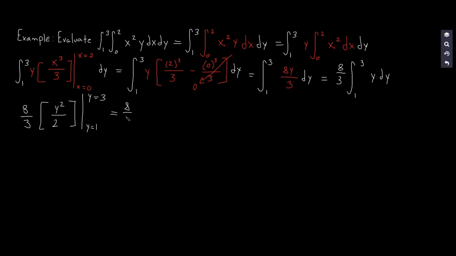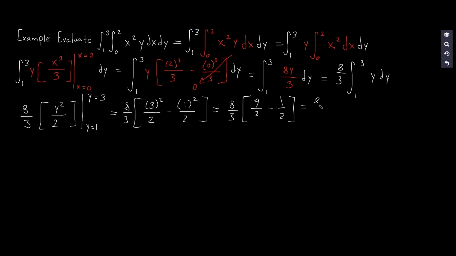I'm going to do 8 over 3 times 3 raised to the second power over 2 minus 1 raised to the second power over 2. And that's going to be 8 over 3 times 9 halves minus 1 half. Let's see here. 8 over 3 times 8 halves.